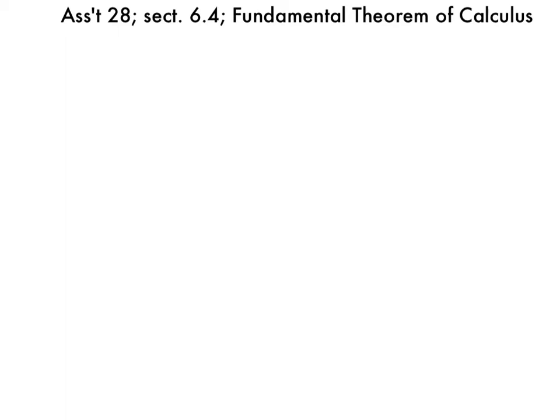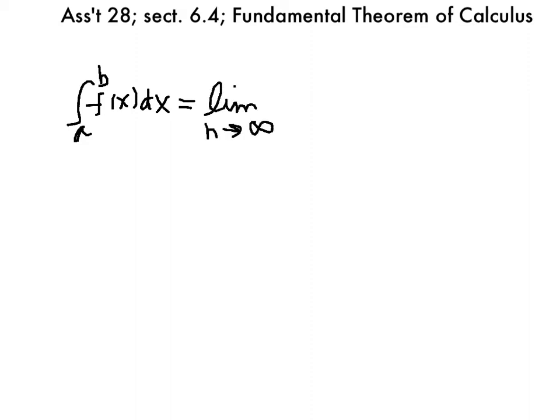Our work up to this point has shown that if we have a positive valued function, f of x, continuous over the interval ab, then its area from A to B is equal to the limit as n approaches infinity of the sum, k goes from 1 to n, of f of any value in the interval times the length of that little baby interval.